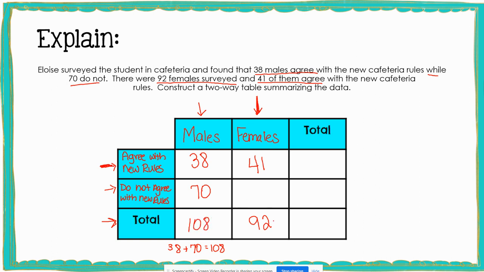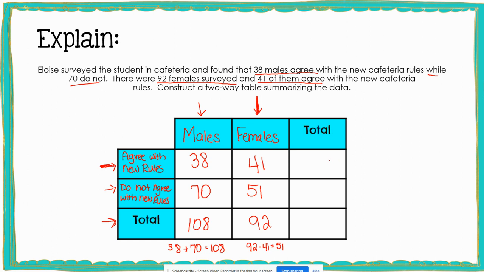Now for females, I know that there were 92 total surveyed and 41 who agreed with the rules. So to figure out how many were left that do not agree, I'm going to subtract 92 minus 41. When I do that, I get 51. So there are 51 females who do not agree with the new rules.